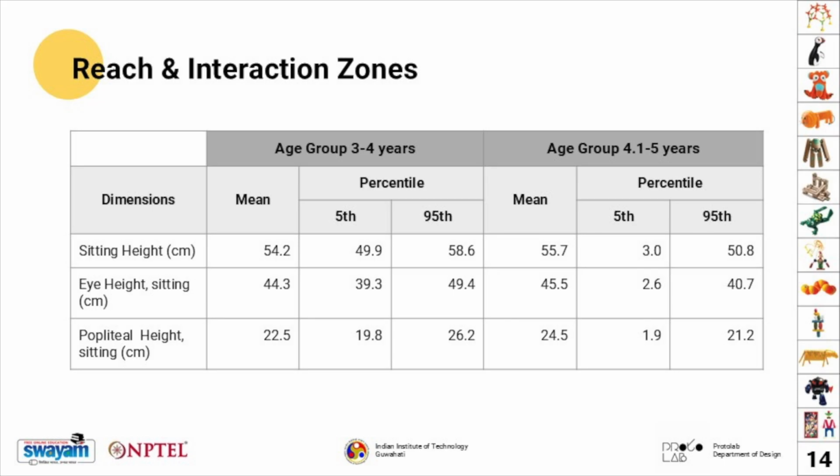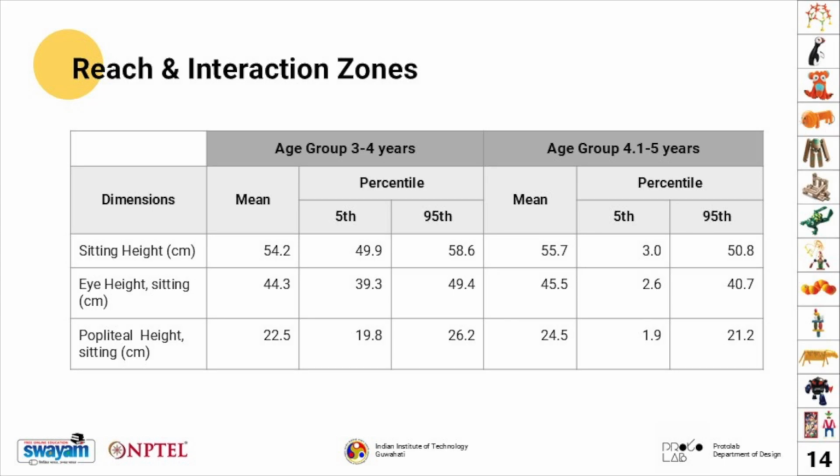If your tabletop toy places critical visual elements at a 60 centimeter height, the child must elevate shoulders or extend the neck repeatedly. Now consider popliteal height, that is, the sitting knee height, which is approximately 23 to 24% of the stature.